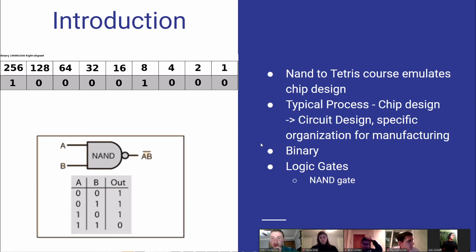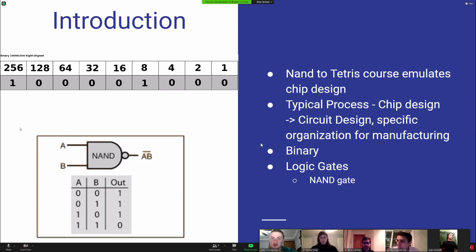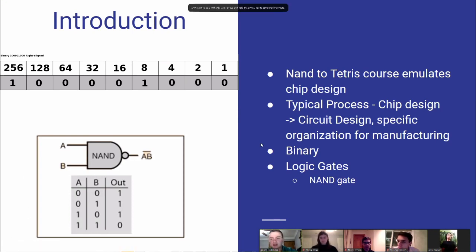Another brief concept: logic gates are relatively small operators that take in one or more inputs, depending on the gate. Depending on what it is, it'll output a specific value depending on the inputs.